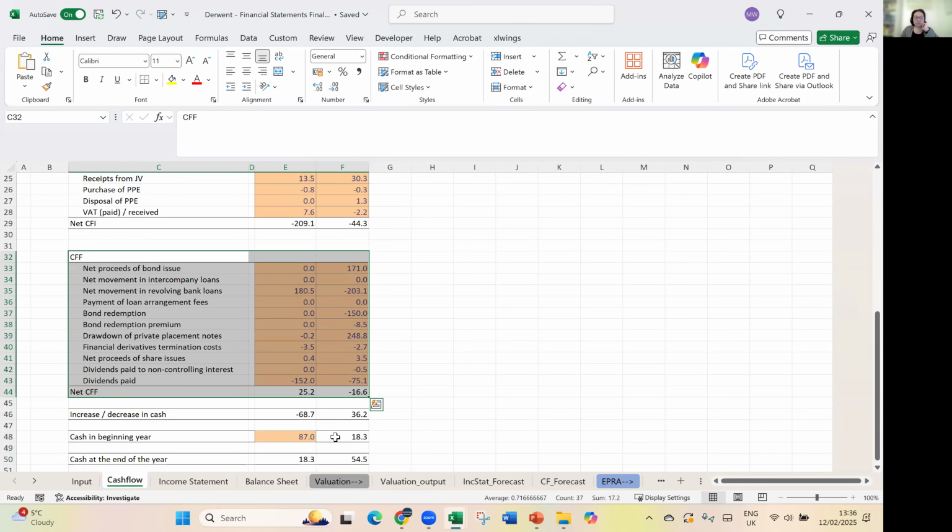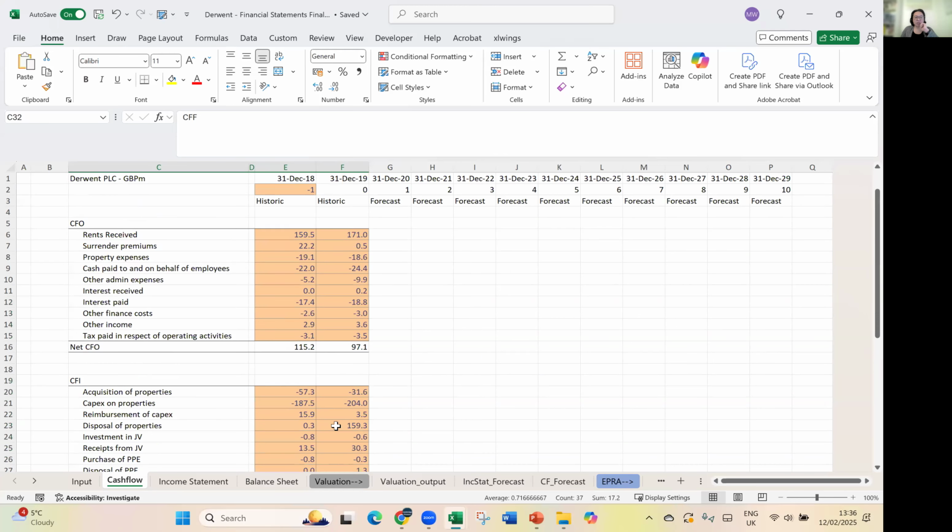These cash flows are pretty good as a way for attribution, for example. What do I mean by attribution? A lot of investment managers will say, oh, I just invest in core buildings. So what do you expect if you are a core investor? It probably means you're going to receive a lot of rent, so your CFO should be positive, right?